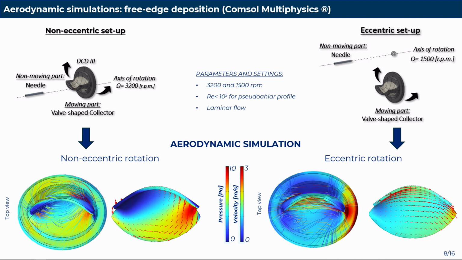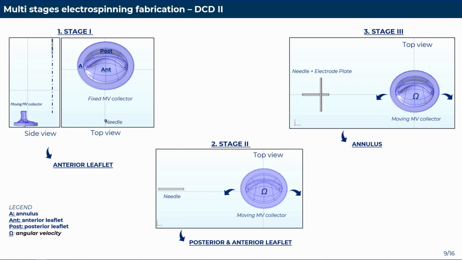After that, I would like to give you an overview about the multi-stage fabrication to obtain the overall valve. So we have 3 stages, each for a particular region of the collector. Stage 1 for the anterior, stage 2 for the posterior, and stage 3 for the annulus.